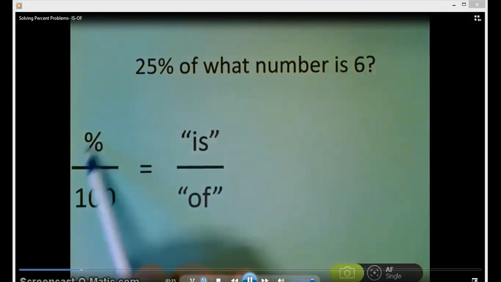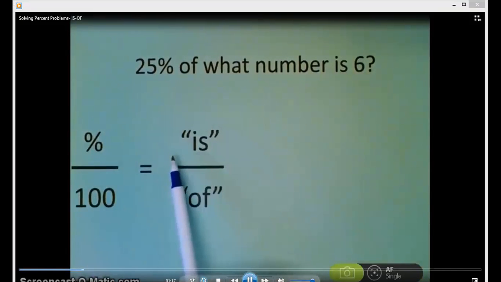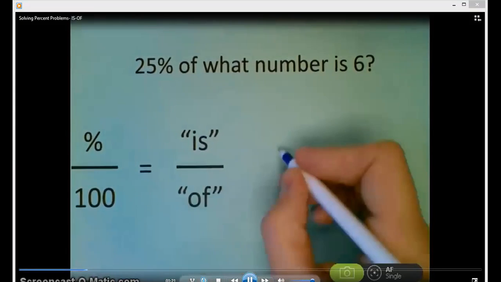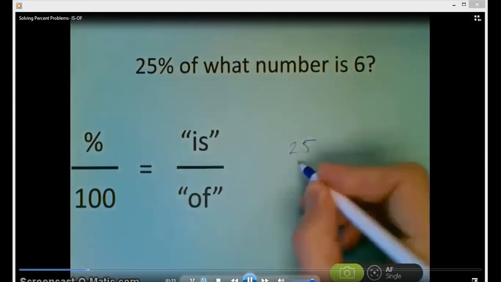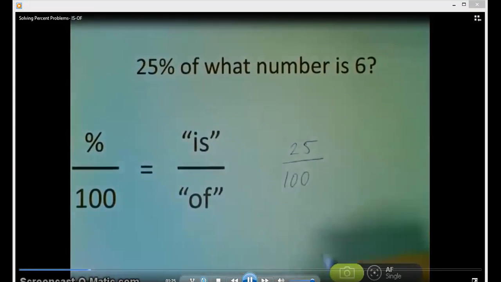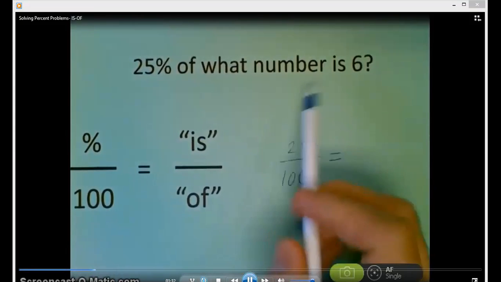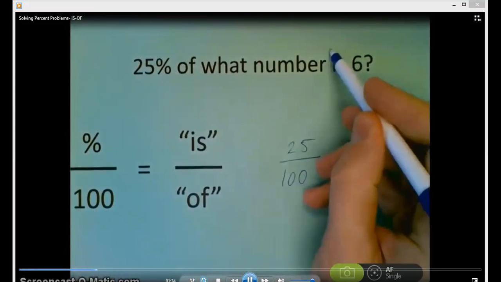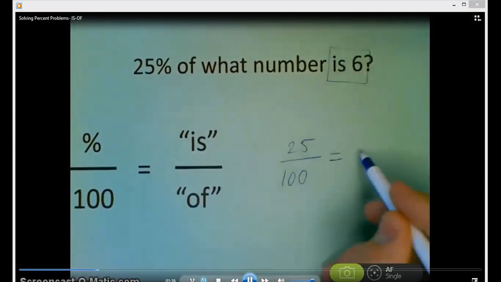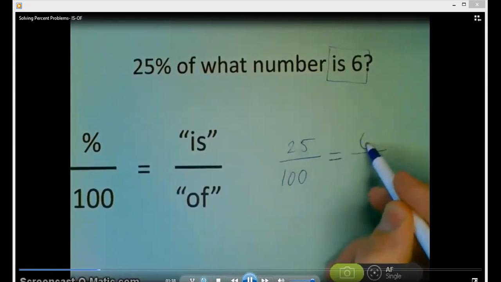Now I just have to remember this proportion. They give me 25%, which means I plug in 25. The 100 always stays the same. And it goes is over of. So they tell me is 6, which means 6 goes on the top.